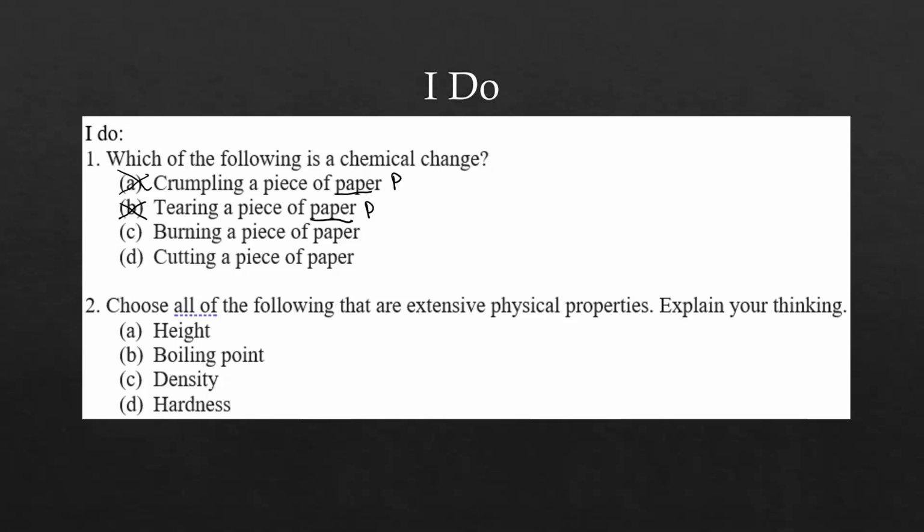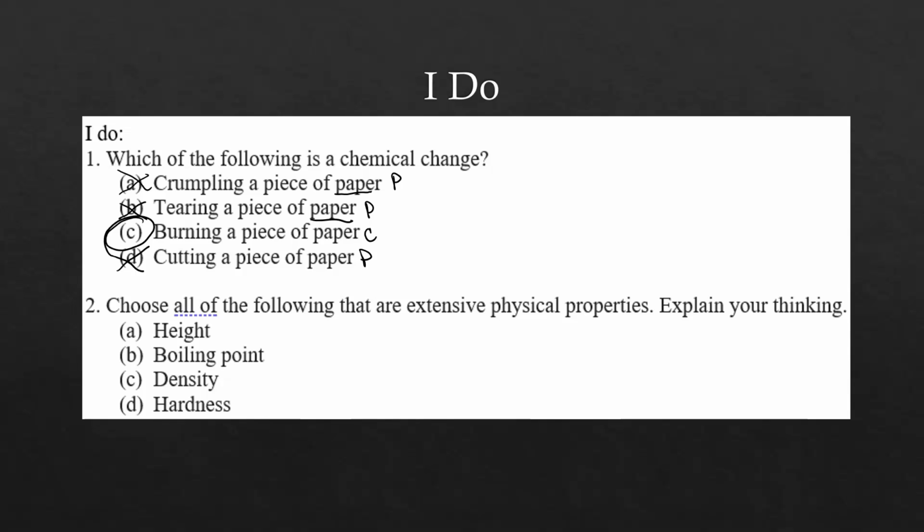Burning a piece of paper changes the paper from paper to carbon dioxide, water, and ash. So that is a chemical change. So that is an answer. Looking at the rest to make sure we've got them all, cutting a piece of paper is a glorified form of tearing. It is smaller, but not chemically different, so it is just a physical change.